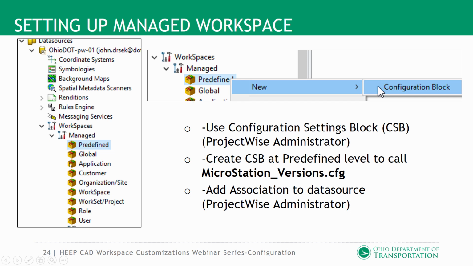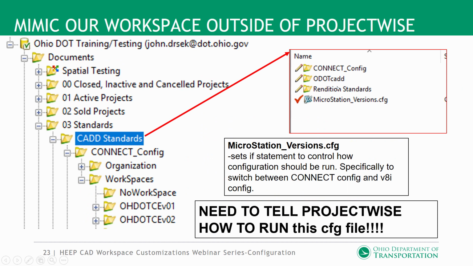You'll notice these are the different levels of configuration with the Bentley products. What this predefined block is going to do is call that migration versions config file that I'm talking about right here. So the configuration block will call this file, which then kicks off our configuration.